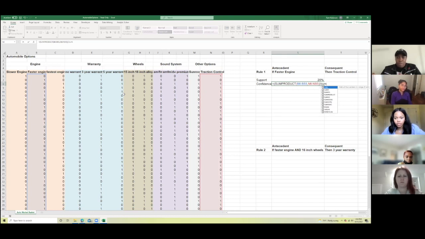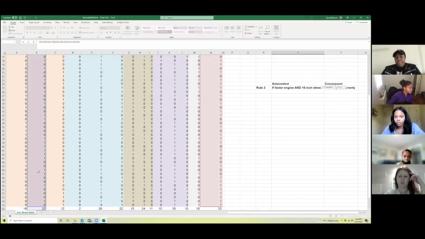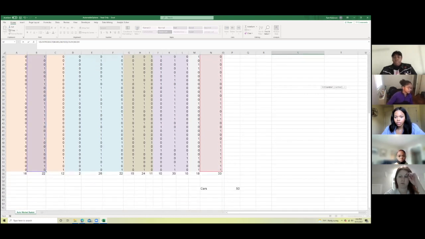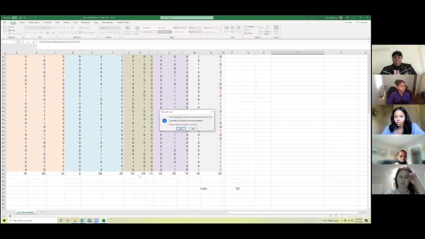Well, so it's the amount of times we see that. So yeah, it would be the sum of fastest engine, which we could have just put 22 as well, but I just did that.